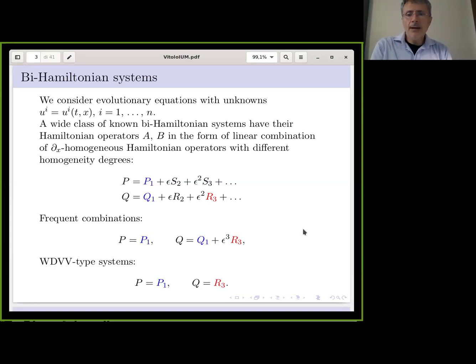So in particular, we can consider the expansion of P as P1 plus epsilon S2 plus epsilon squared S3 and so on, and Q as Q1 plus epsilon R2 plus epsilon squared R3 and so on, where P1 is an operator of homogeneity degree 1, S2 is an operator of homogeneity degree 2, and so on. The same for Q1, R2, and so on.